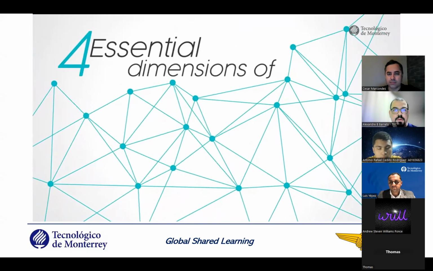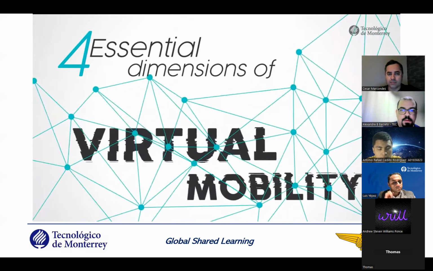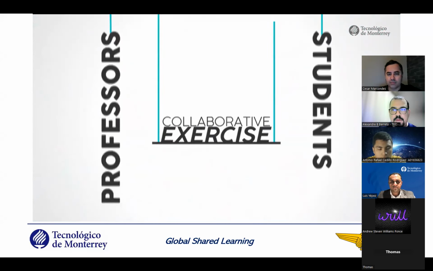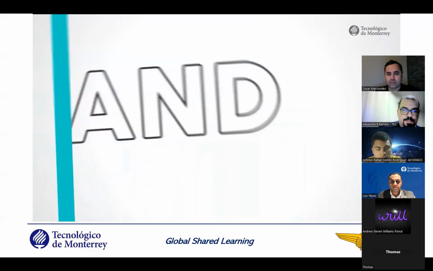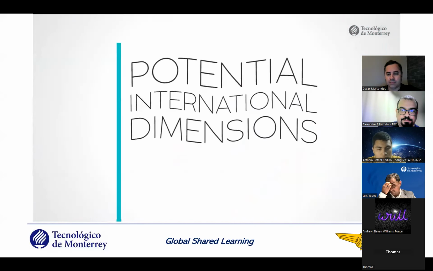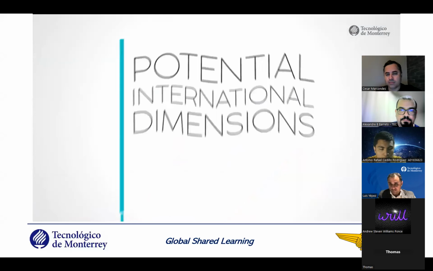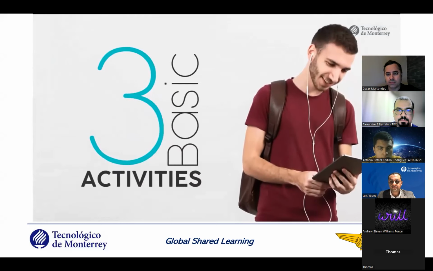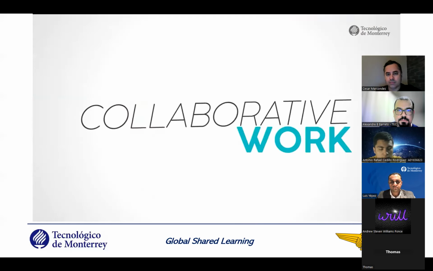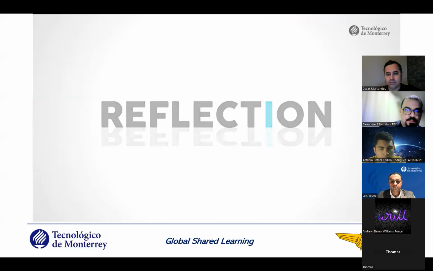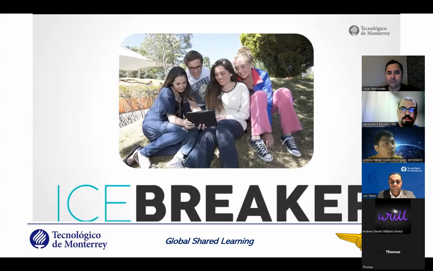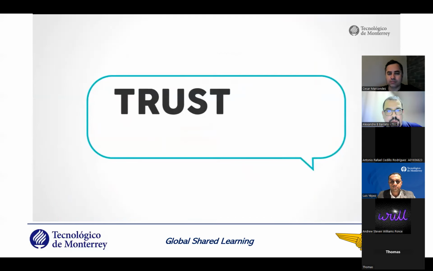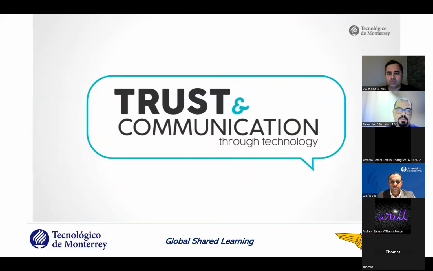the 4 essential dimensions of virtual mobility: collaborative exercise between professors and students, use of technology and online interaction, potential international dimensions, integrated into the learning process. The COIL model consists of 3 basic activities: icebreaker, collaborative work, and reflection. The icebreaker will make students initiate the interaction with their international classmates in a casual way to generate trust and communication through technology.